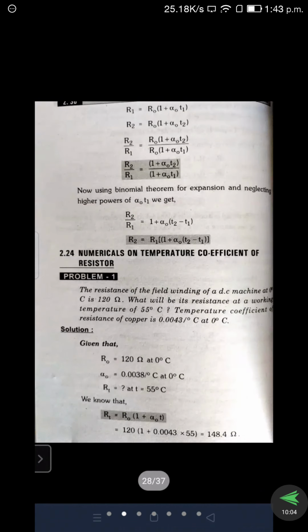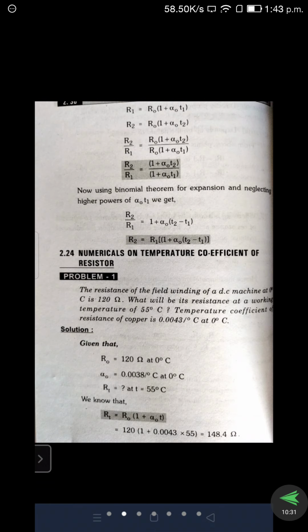Sometimes there is a need to find the relationship between two temperature relations, that is R1 and R2 at temperatures T1 and T2. The formula we use is R2 by R1 is equal to 1 plus alpha naught of T2 minus T1. If we only want to find the R2 value, R2 is equal to R1 of 1 plus alpha naught of T2 minus T1.